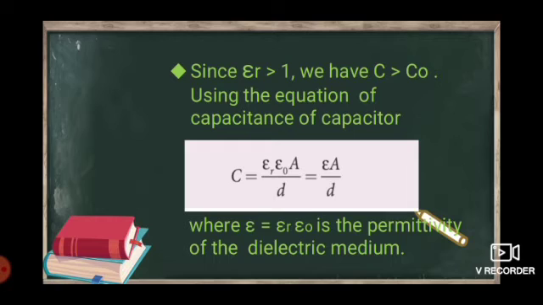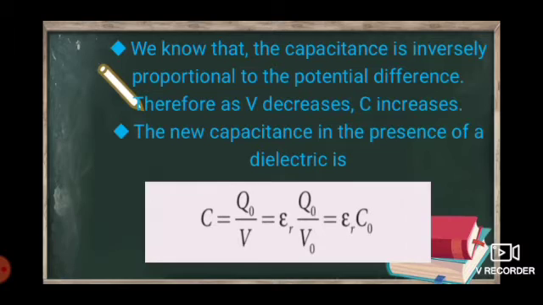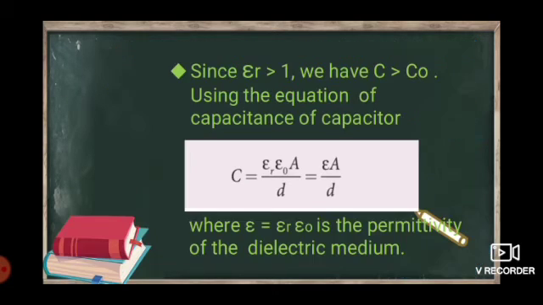Here, from the equations, epsilon r is always greater than 1. Already you know from the equation C is equal to epsilon r into C naught. The epsilon r is the relative permittivity of the medium. For glass, paper, mica, the value is always greater than 1.